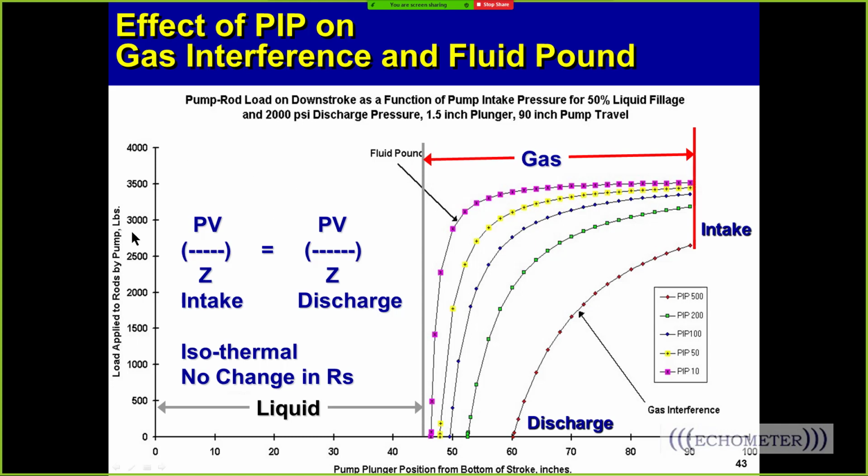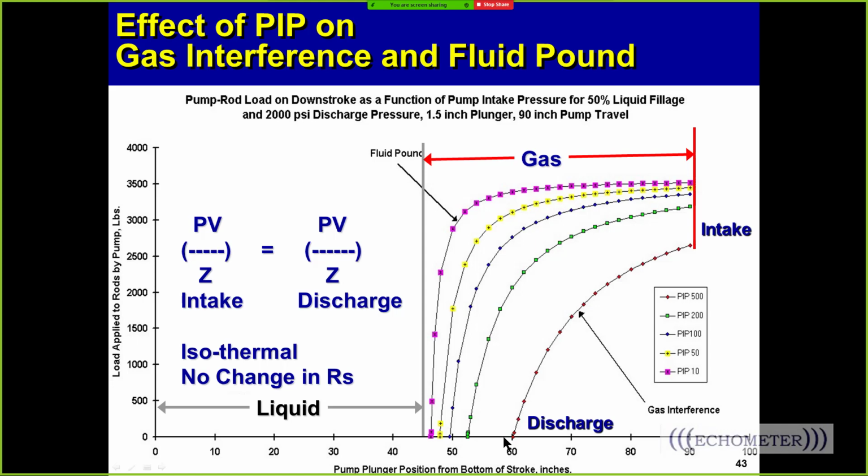This is the stroke length, 90 inches, and this is the gas compression curve on the downstroke from intake pressure here to discharge pressure when the trailing valve opens. The discharge pressure is 2,000 psi.